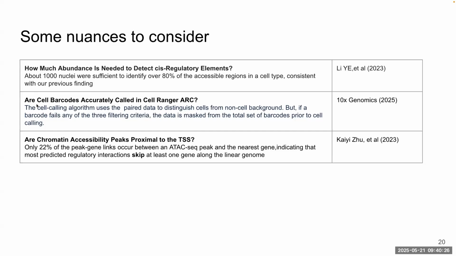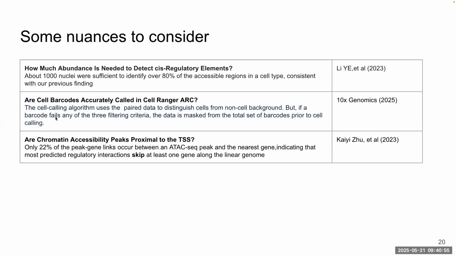Also, another question that people ask a lot in the forums is whether cell barcodes are accurately called in the multimodality protocol, like CellRanger-ARC. What I can say here is that there is a very relevant step in the algorithm, the cell calling algorithm, which uses paired data to distinguish cells from non-cell background.